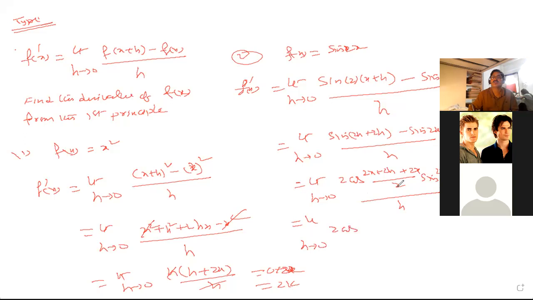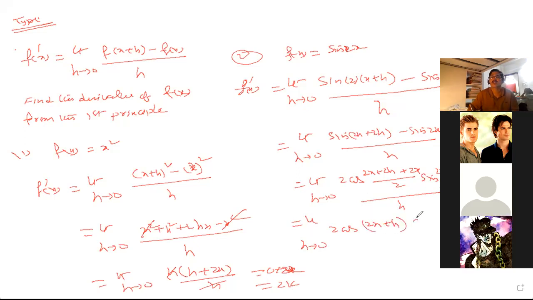If I remove this one, I may get cos of 2x plus h. Do you agree? Yes, sir. And 2x is gone here, 2 is also gone, so we will get sin h, and in the denominator also we have h. Now for the first one we substitute 2x plus 0, and this one becomes 1. So your answer is 2 cos 2x. Is that clear? Do you still have any doubt? No, sir. Cleared.